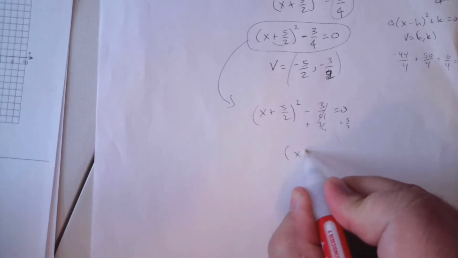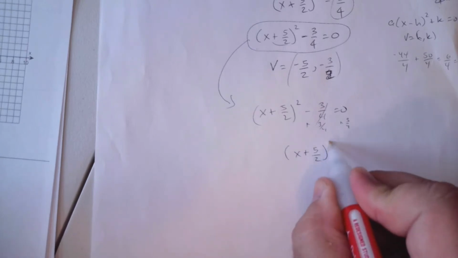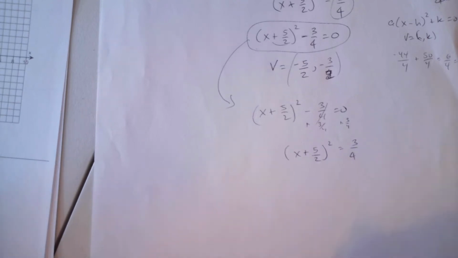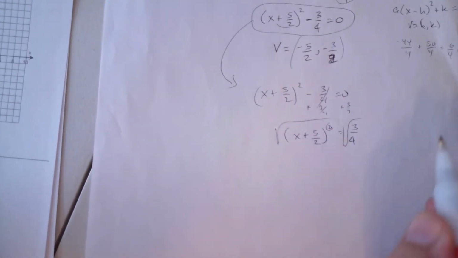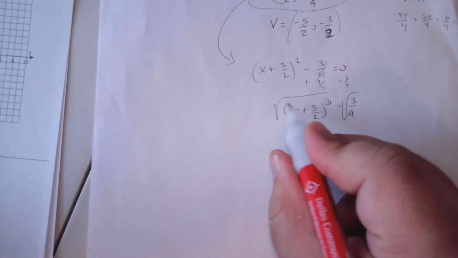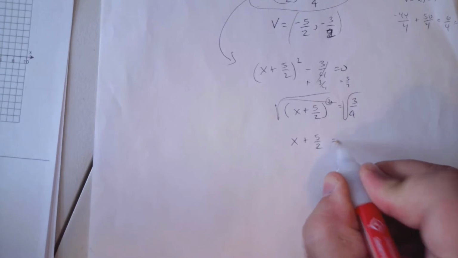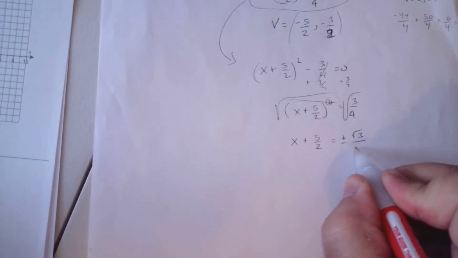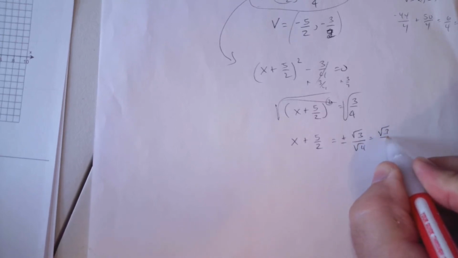So we have x plus 5 over 2 squared equals positive 3 over 4. Get rid of the square, so we square root both sides. x plus 5 over 2 equals plus or minus square root of 3 over square root of 4, which becomes square root of 3 over 2.